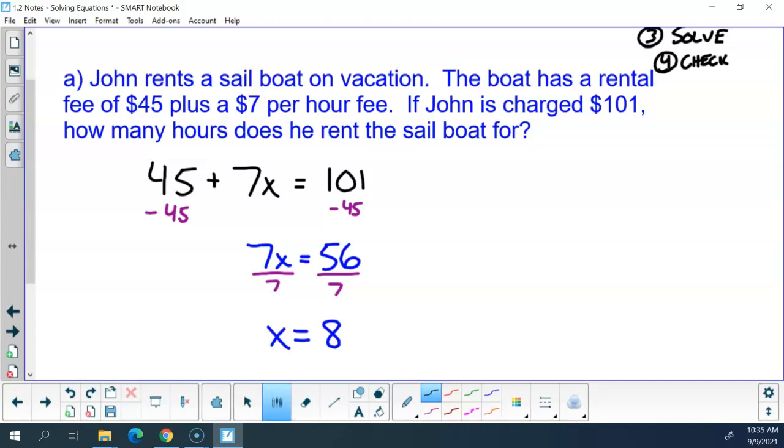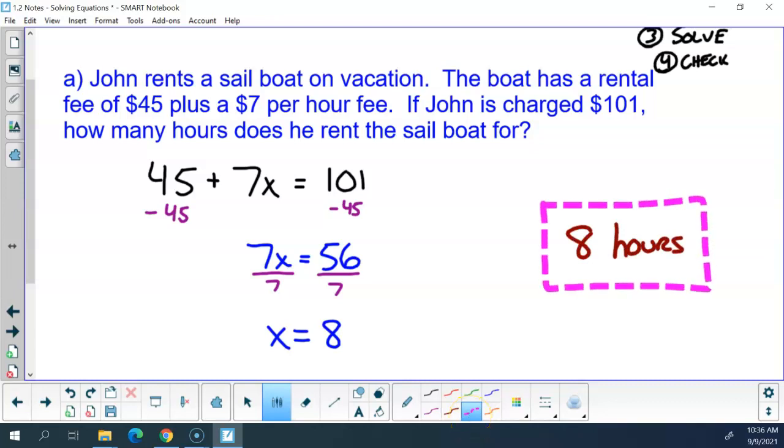So we have to check to make sense. So he rented the boat for 8 hours. Now, notice what I also added to my answer. A label. Word problems have labels.